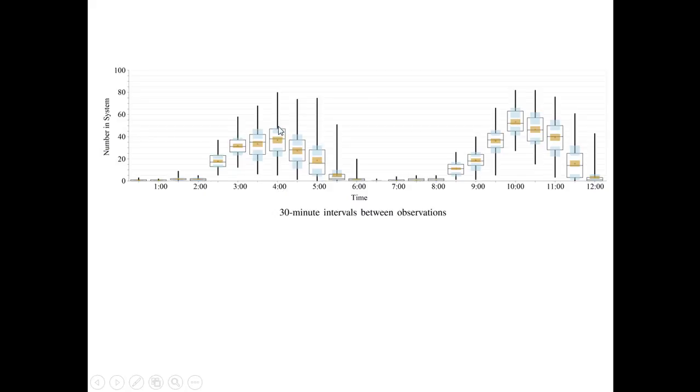So this particular Moore plot is the Moore plot of number in system at t equals 4 hours, which is 2 p.m., given that our system starts at 10 a.m. This is the information we need in order to make decisions and evaluate how the number in system changes over time.